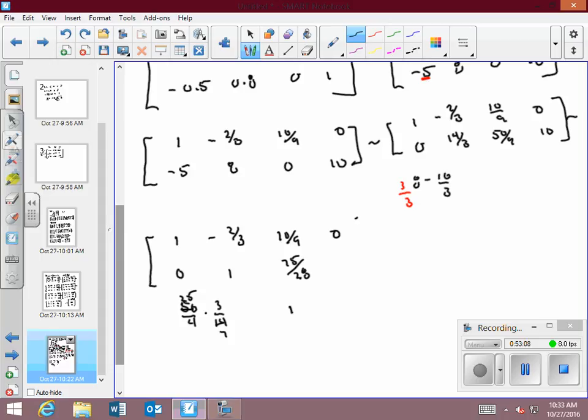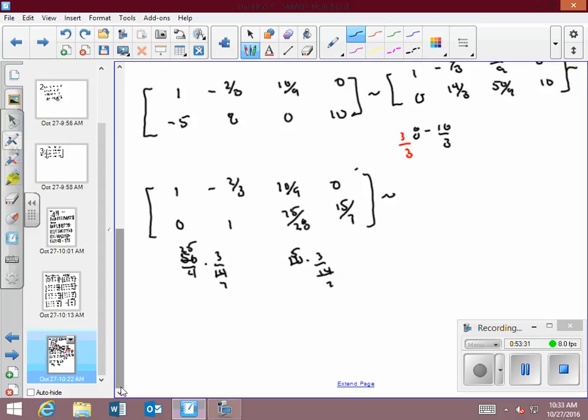And then we're taking 10 times 3/14. 7, 5. So that's 15, 17 over 7. I tell you, no matter what way you do it, it's going to involve some fractions. So now I take the bottom row times 2/3, right? 1, 0.